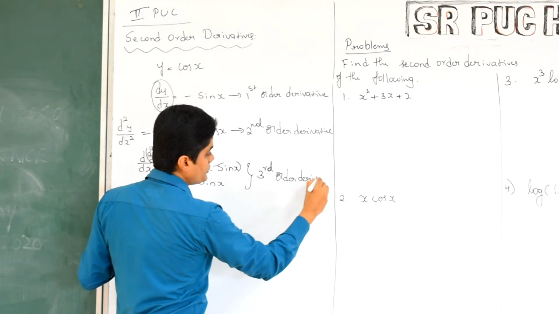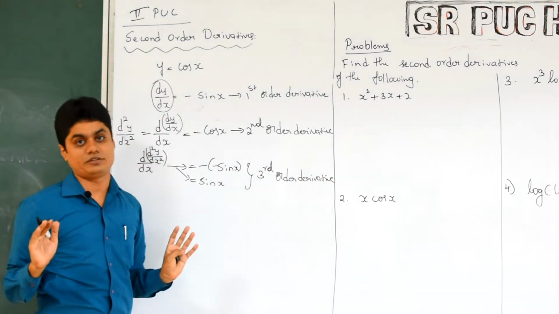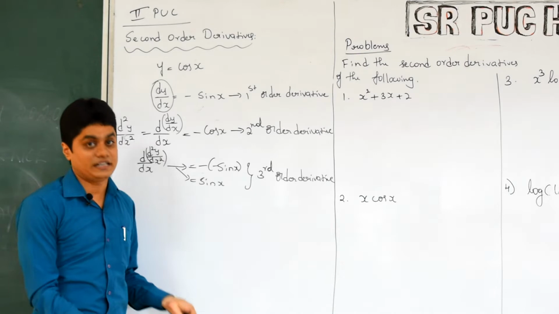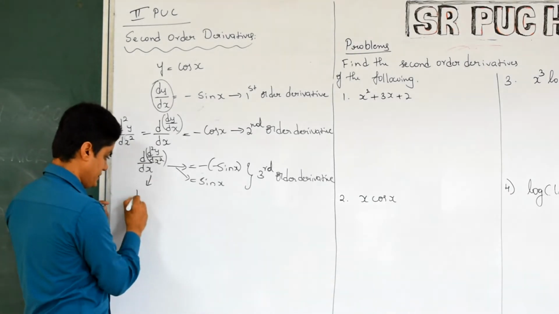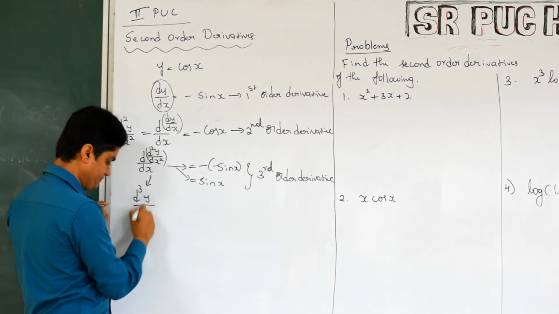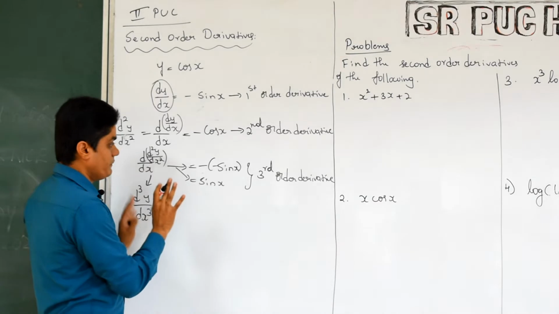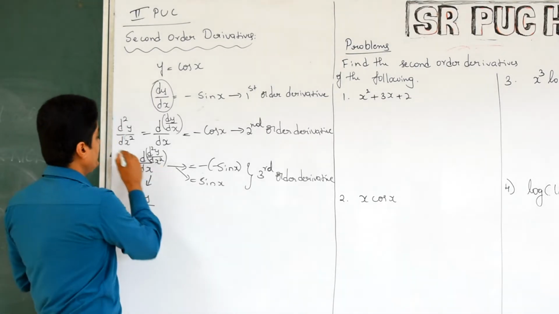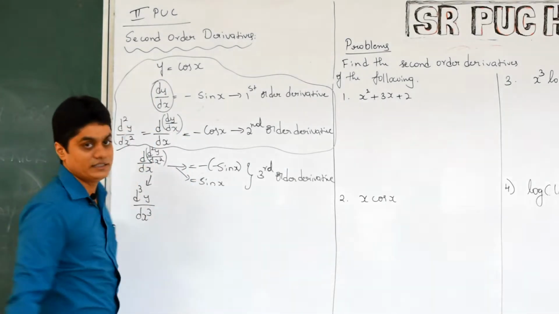Like this, you can differentiate this particular function any number of times, infinitely many times. So like this you can continue. This you can denote as d cube y by dx cube.